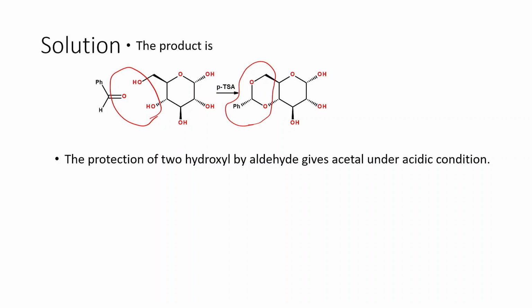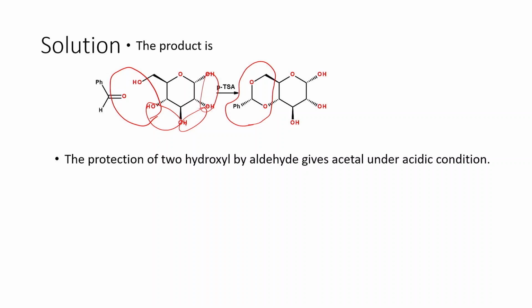The other three combinations are not going to work because these two hydroxyls are not protected, as these two are secondary hydroxyls. These two are also not protected, again secondary hydroxyls, and similarly these two are also not protected. In other words, without looking at the actual product, we can easily figure it out.